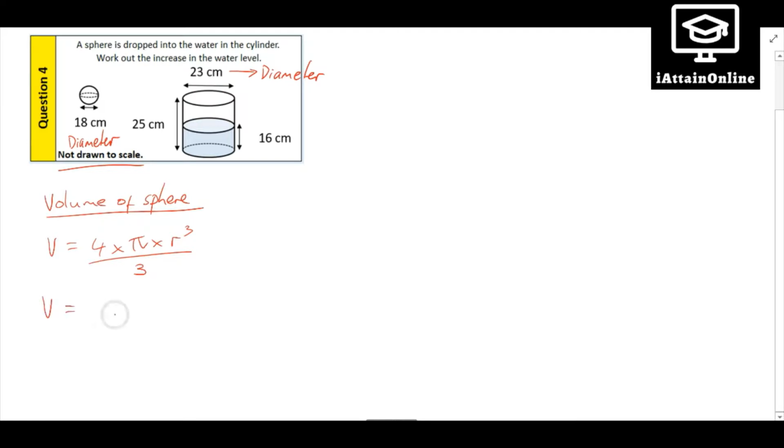The volume is equal to 4 times, remember this 18 is the diameter of the sphere, so the radius is going to be 9 centimeters. So we're doing 4 times pi times 9 cubed all over 3.